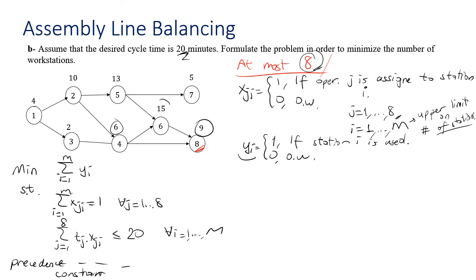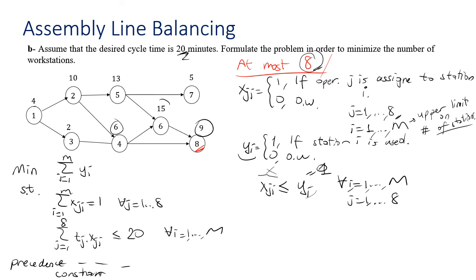So simply we will represent this as xji less than or equal to yi for all i from 1 up to m and j from 1 up to 8 in our case, so that if yi is 0, if I'm not using this station i, then I cannot assign any tasks here.